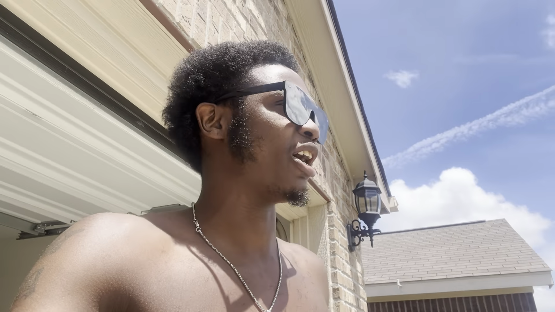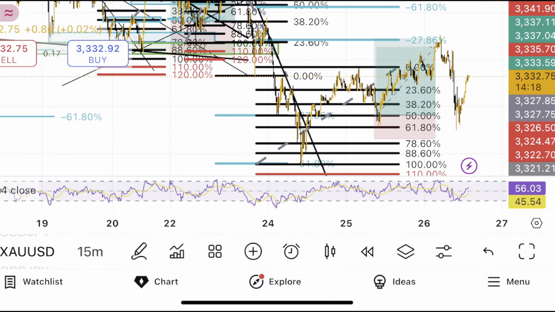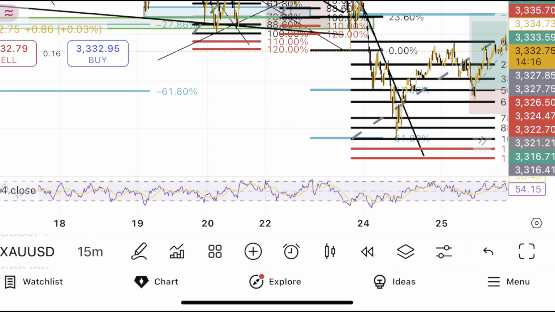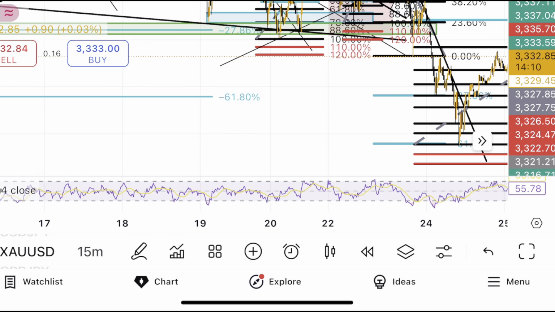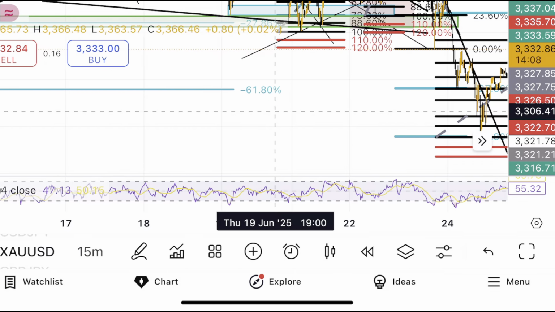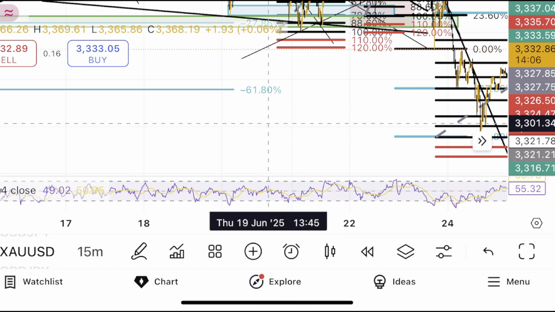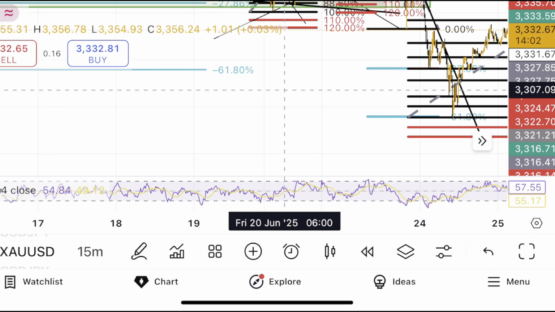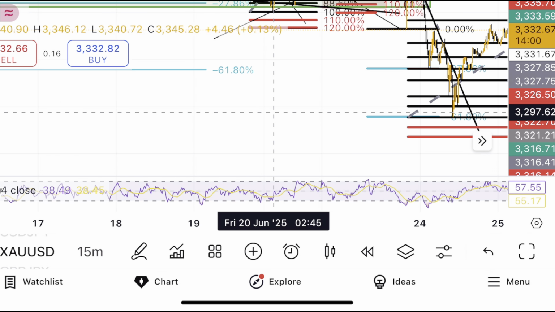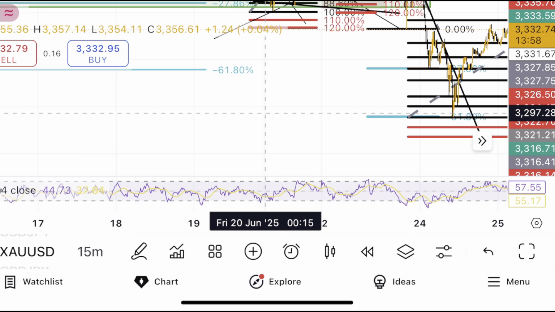We finna break down this trade, this beautiful buy we caught on XAU/USD. Let's go. So off rip, if we look left, we have a negative 61.8 on a higher time frame being smacked, right? That is an indication that price is potentially about to reverse. We don't want to blindly trade just because the negative 61.8 on a higher time frame is being smacked.